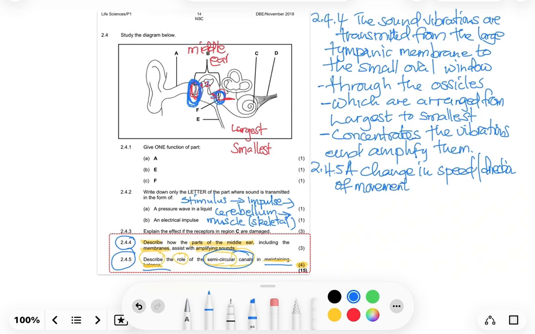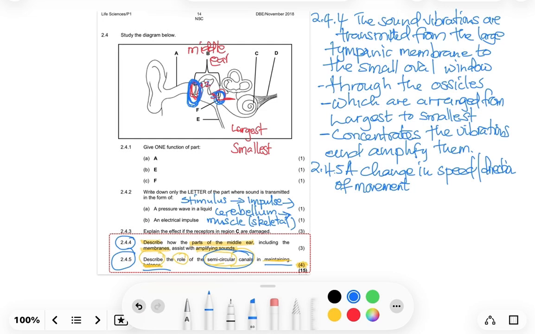A change in the speed or direction of movement stimulates the receptor that we find, not in the cochlea this time, but in the semicircular canals. Inside the semicircular canals, we find a receptor called a crista when it's one, and cristae when they are many.